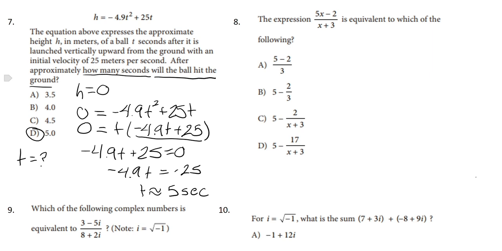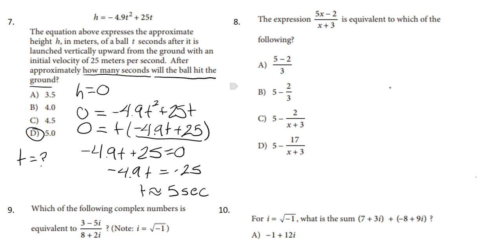For number 8, we have the expression 5x minus 2 divided by x plus 3. It is equivalent to which of the following? What we have to do in this question is actually pretty tricky. We need to figure out something from negative 2 in order for us to simplify 5x plus or minus something over x plus 3.